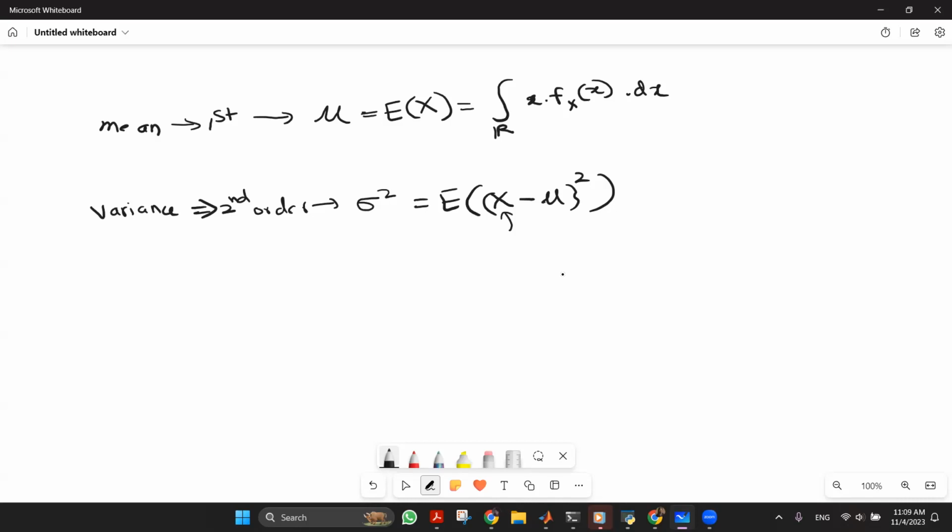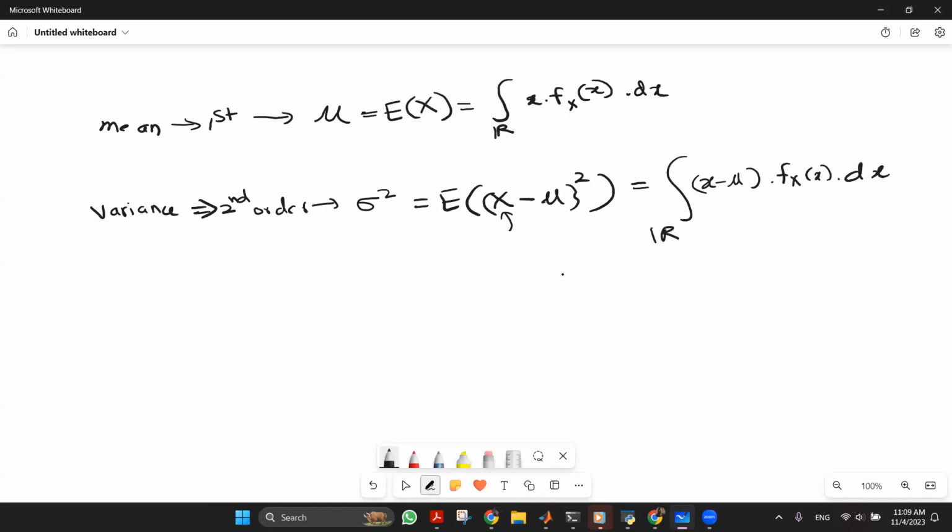Okay, so this is also known as a central moment, but we will get into that later if required, right? So this expectation value is defined using integration as (x minus mu) f_X(x) dx.